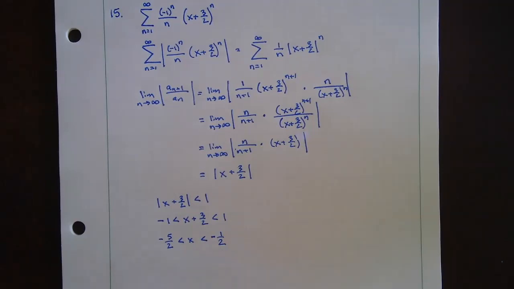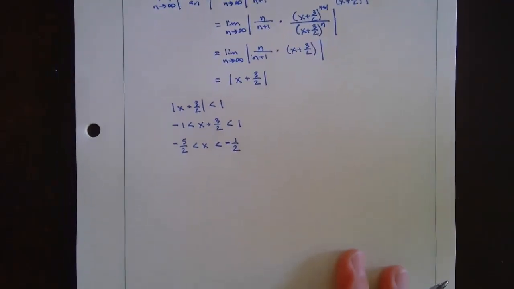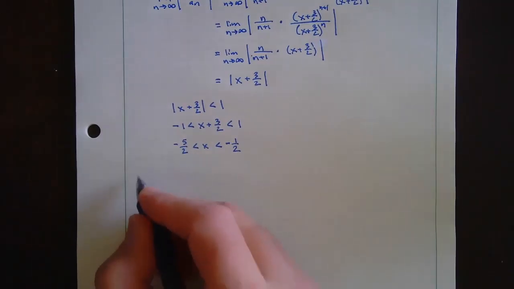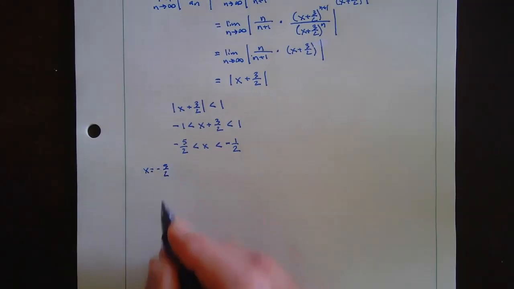So now we've got to check the endpoints. That's what makes this problem take a little bit longer. I'm going to slide this up a little bit, and we're going to check those endpoints. First, x equals -5/2.